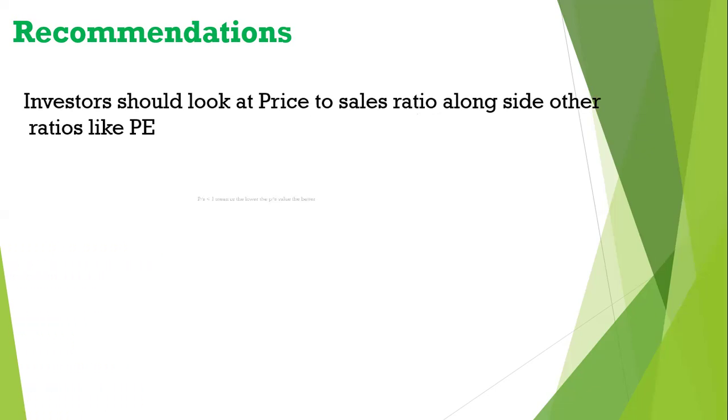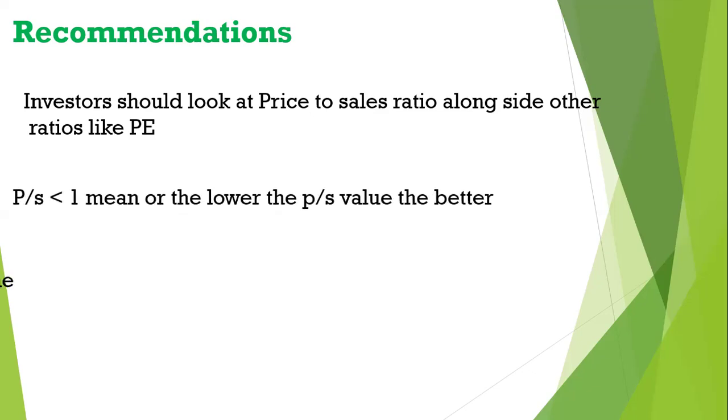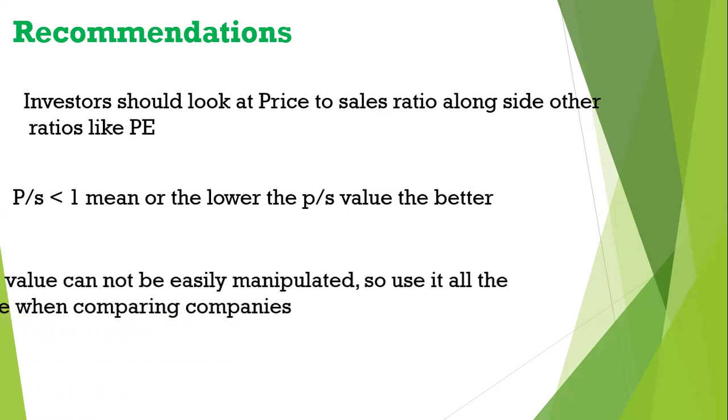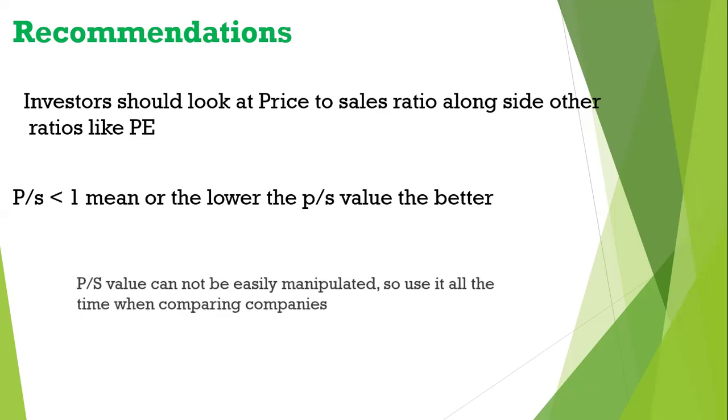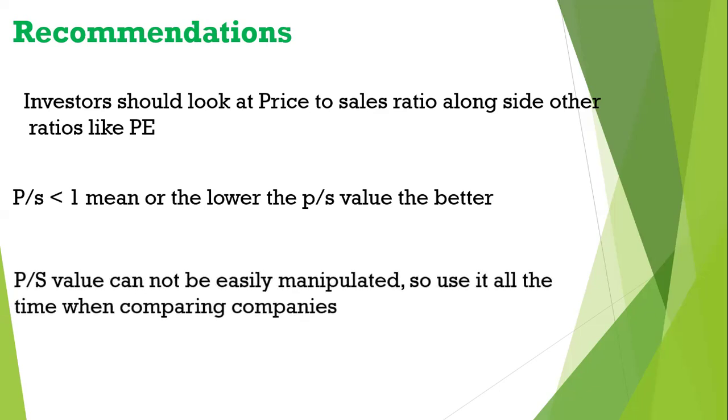You have to use it alongside other ratios like PE. The lower the PS, the better. This PS value cannot be manipulated, so use it all the time, but use it with other ratios and other factors that you need to consider before you make an investment decision.